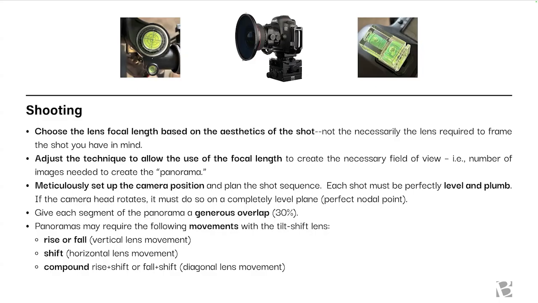And so there's a few things that you have to keep in mind when you do this. And the first thing is you've got to just be leveled out and completely level and plumb. And your camera really has to be locked down in order to do this right, so that you can stitch those images together. Typically, when I'm doing this, I'm putting together a shot where I keep the camera horizontal and I'm shifting the lens in a vertical direction.